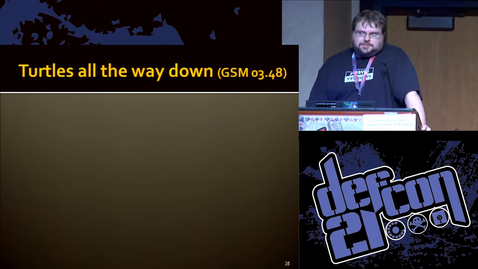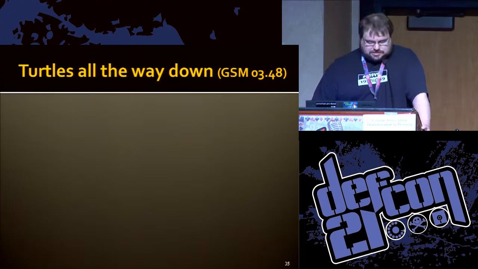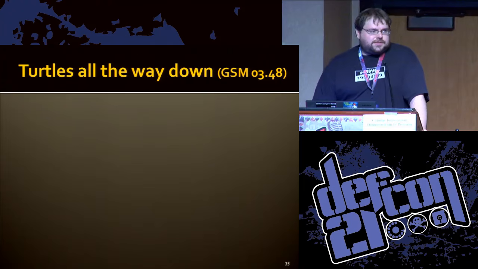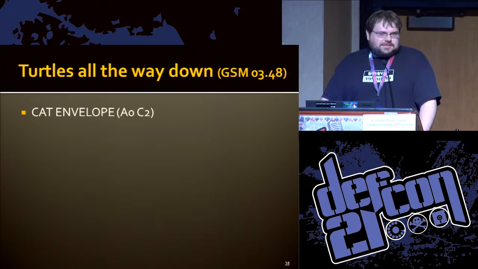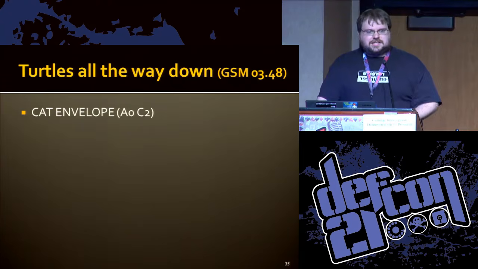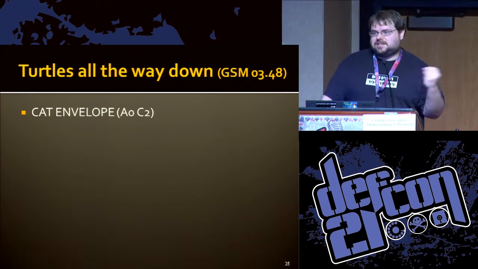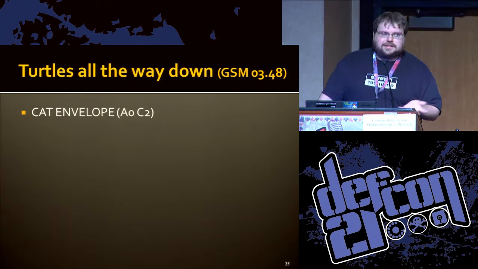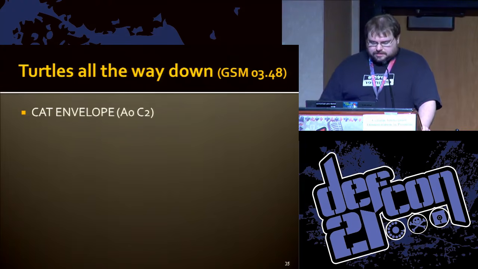Well, this is where it gets really complicated, and this is where I spent many, many hours reverse engineering this. So at the top level, there's an APDU called CAT envelope. And CAT envelope is basically a way to deliver to the SIM Toolkit runtime some incoming message, typically an event, either an incoming SMS or a menu selection or something else.